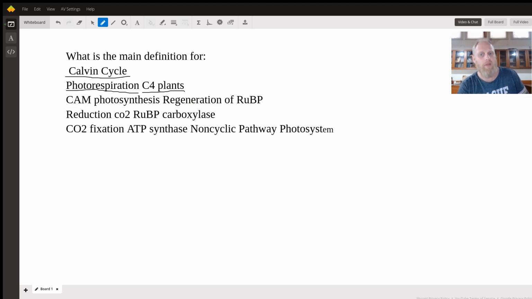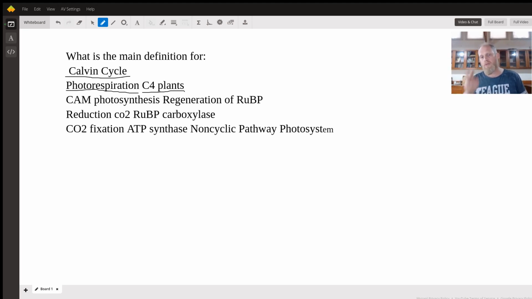But C4 plants are plants that have evolved a specialized photosynthetic pathway to minimize the photorespiration and maximize carbon dioxide uptake. In this pathway, carbon dioxide is first fixed in a specialized cell type called a bundle sheath cell, and then transported to the mesophyll cells for use in the Calvin cycle.